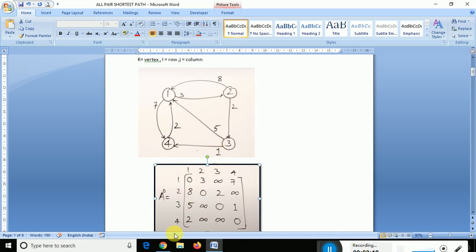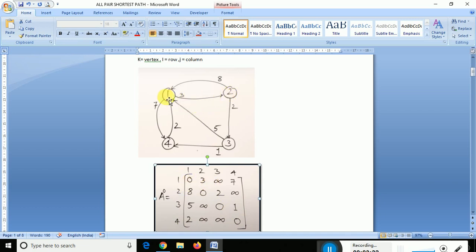So 1 to 1 there is nothing, we haven't given anything. No edge is there like 1 to 1, 2 to 2, so everything will be 0: 1 to 1, 2 to 2, 3 to 3, 4 to 4, everything will be 0.